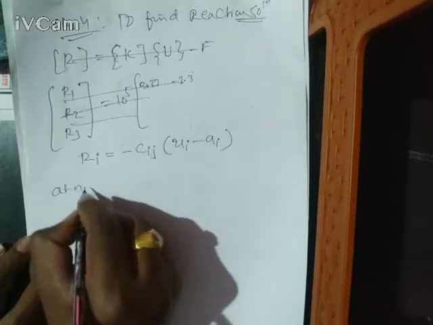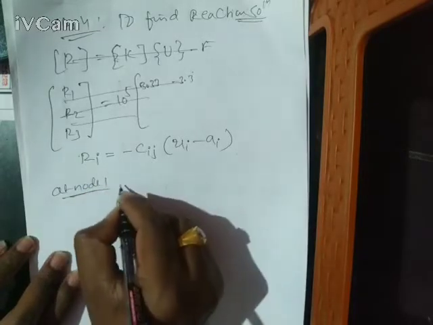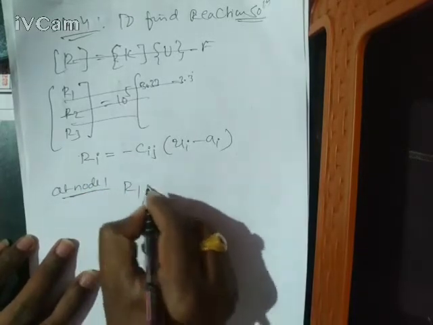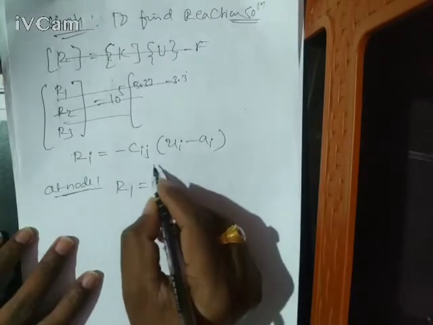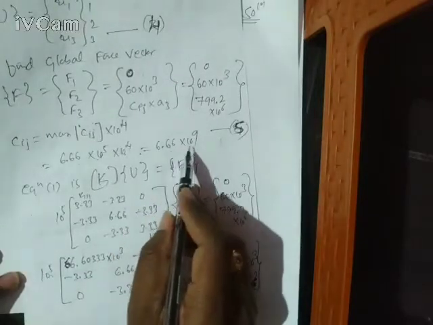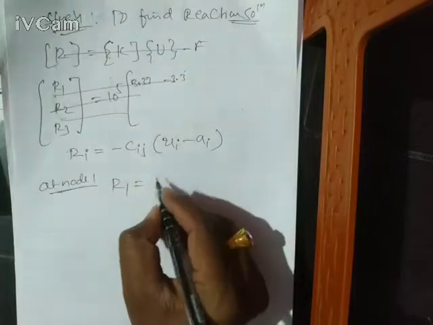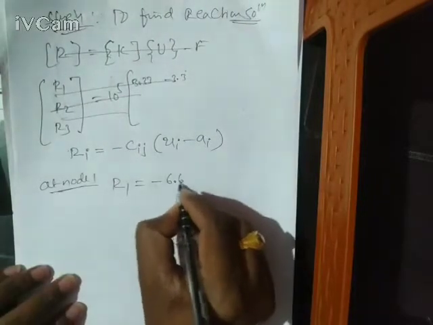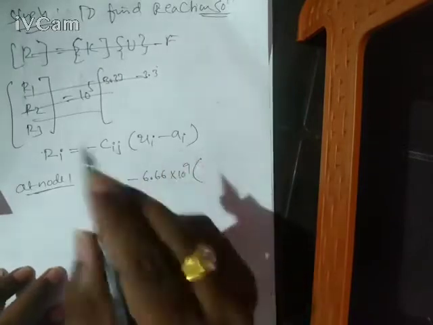At node 1, I indicates the node numbers. At node 1, what is R1? R1 is equal to minus Cij, which means minus 6.66 into 10 to the power 9. What is Ui? Ui means U1.